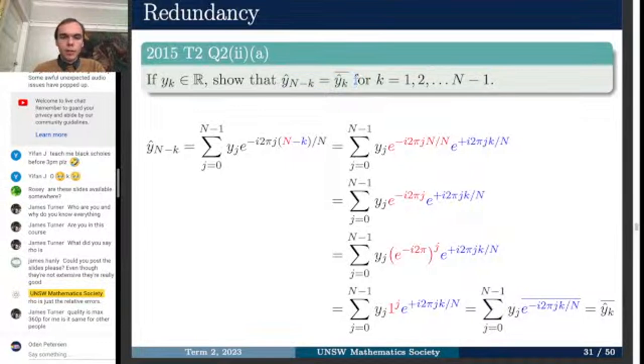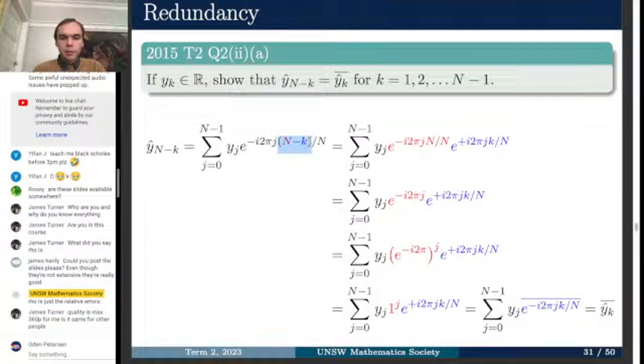And if we want to prove this is true in general, it's basically just algebraic manipulation. So we can use the definition of the Fourier transform vector, and we'll just substitute n minus k in place of k in the definition.